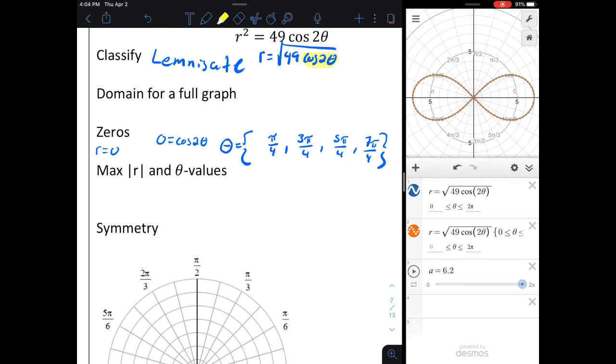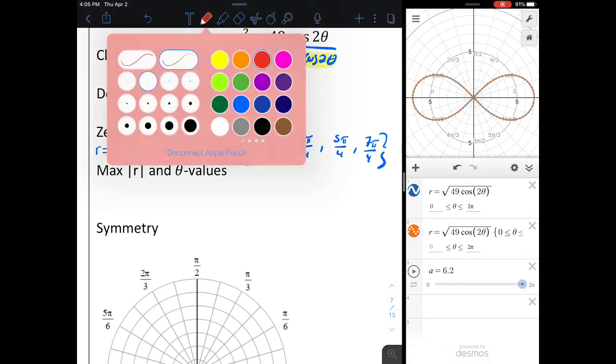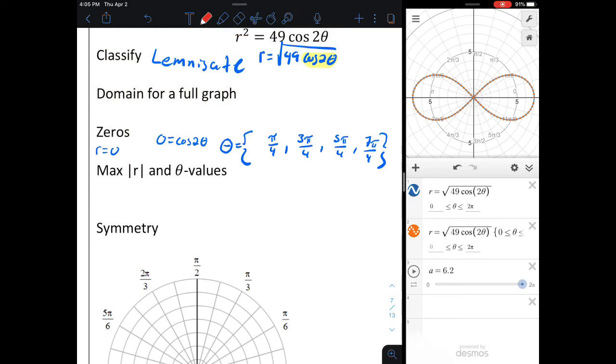So what's happening is everywhere that cosine produces a negative value, it's not plotting points. So now we have to go through and figure out, well, on the intervals from 0 to 2 pi, and we have all these other places from start to finish where we're producing values of 0.